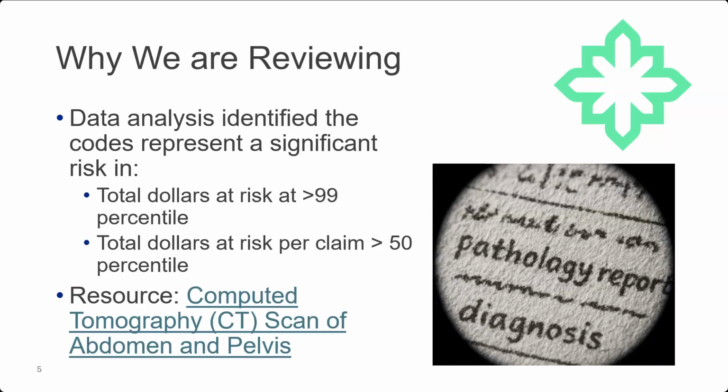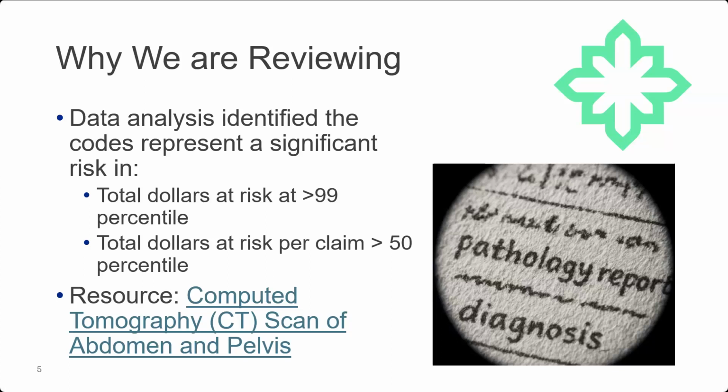We're reviewing because the data supported the need. Everything comes down to data. So basically, the data we ran identified these codes actually pose a significant risk in the total dollars at risk, which were greater than the 99th percentile, and the total dollars at risk per claim being greater than the 50th percentile.